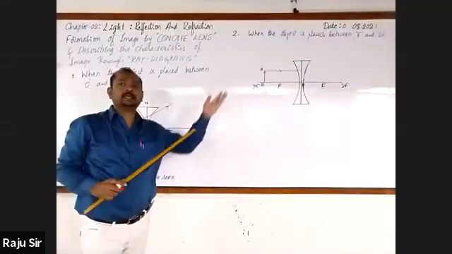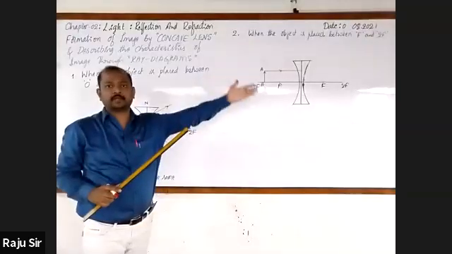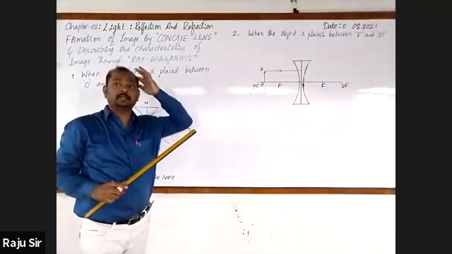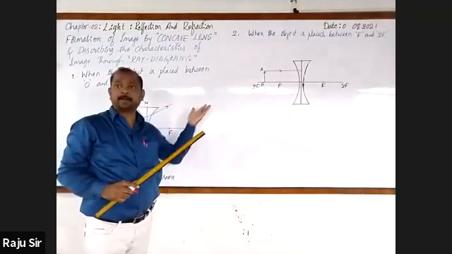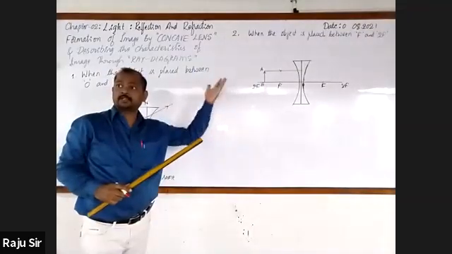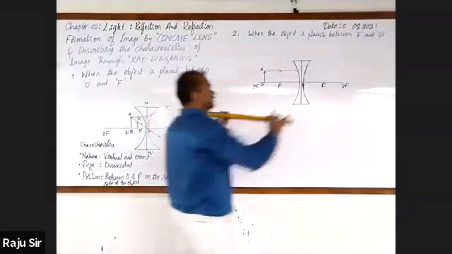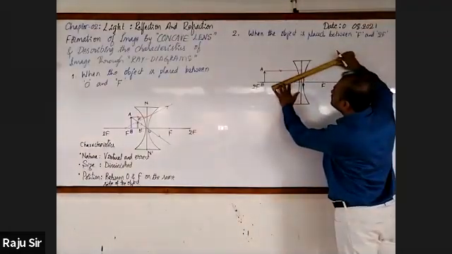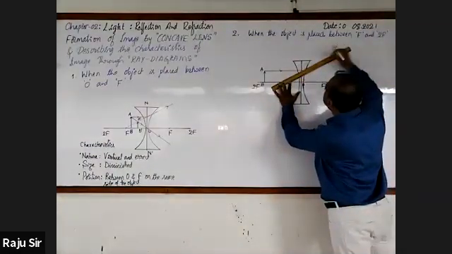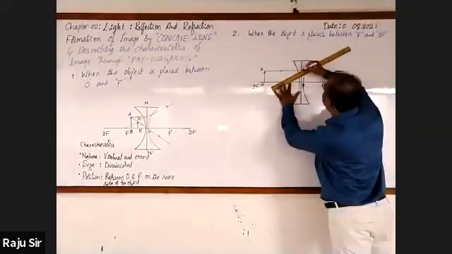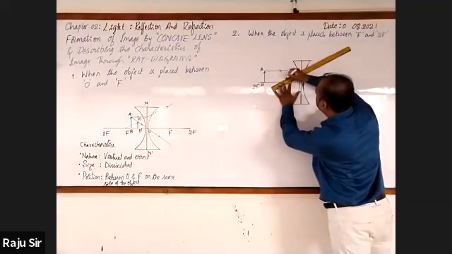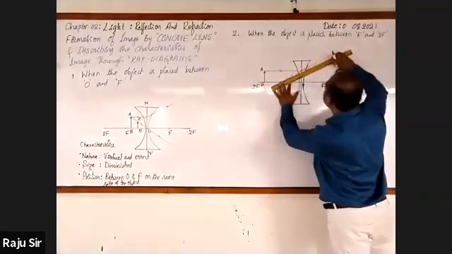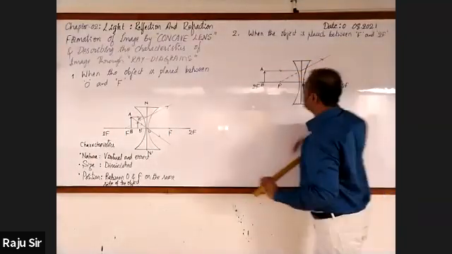This ray gets diverged, that is refracted, and the refracted ray, when it is extended, passes through focus on the same side of the object. So you can draw like this. It's focus, and this is the ray. Let us extend it. Show the direction.